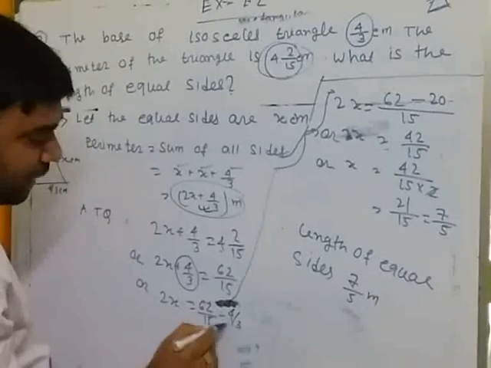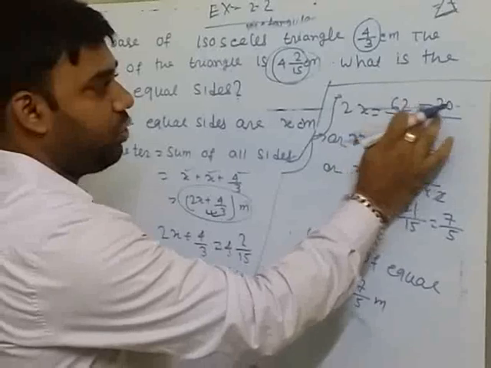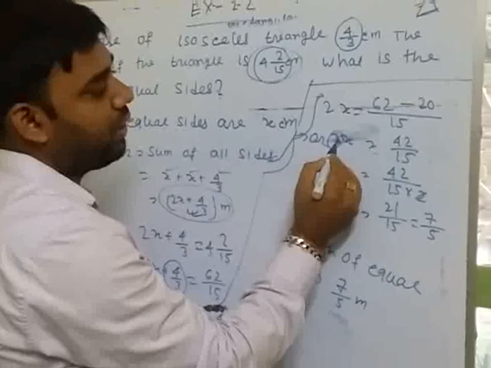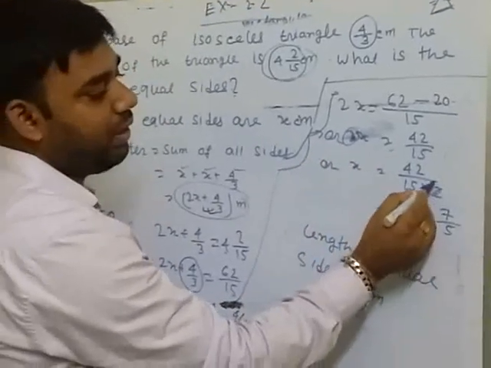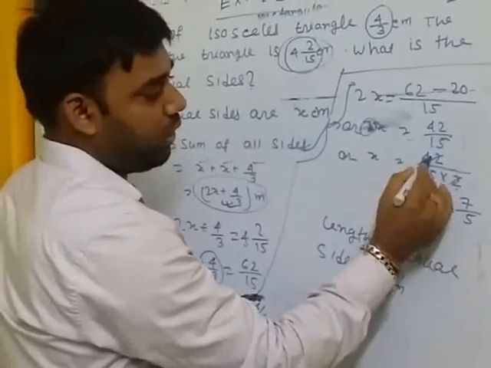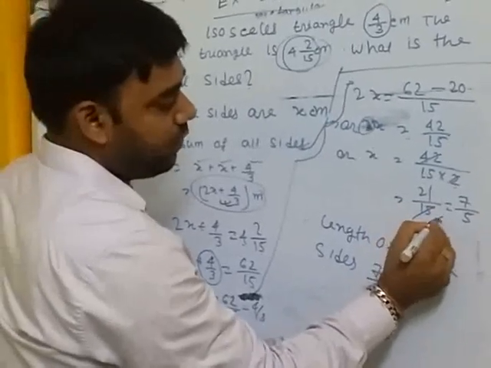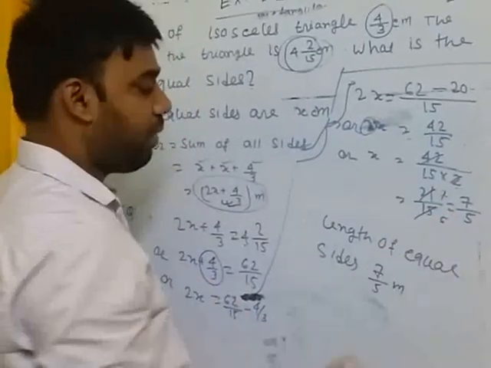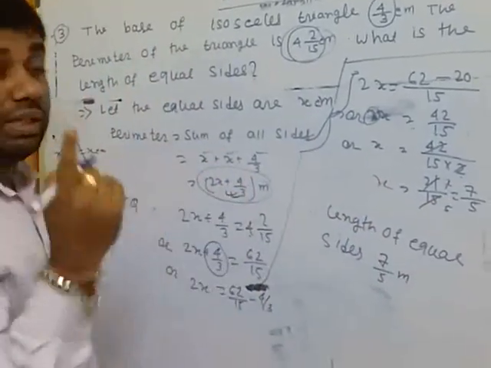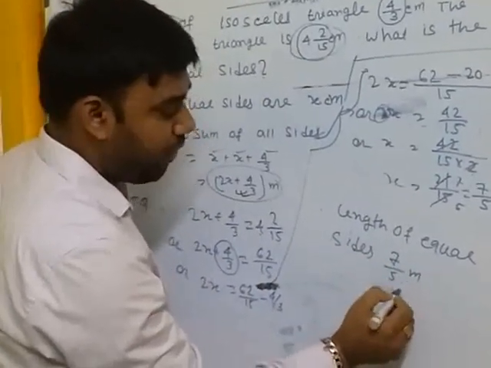Now the LCM of 15 and 3 is 15. 62 minus 20 is 42 by 15, and the 2 multiplied with x goes to the denominator, so 15 into 2, 42 by 30, which is 21 by 15, and reduced by 3 that is 7 by 5. So x equals 7 by 5. What is x? X means the measure of the equal side. So the length of the equal sides is 7 by 5 meter.